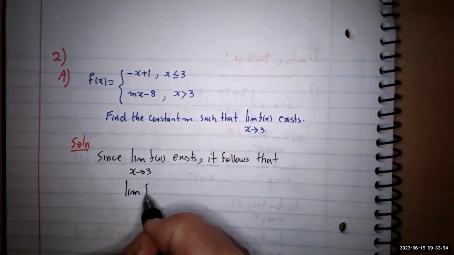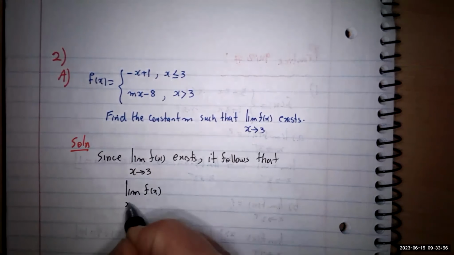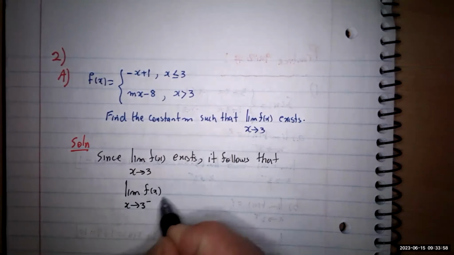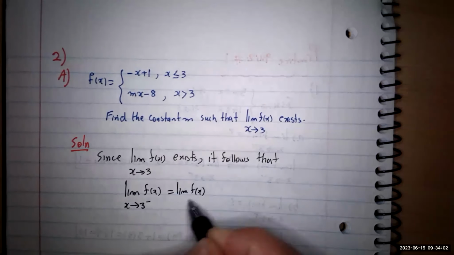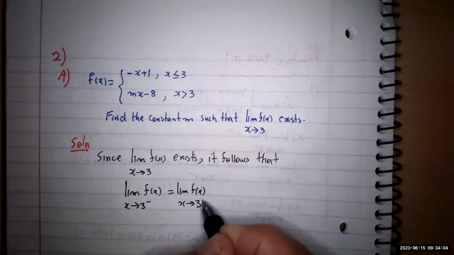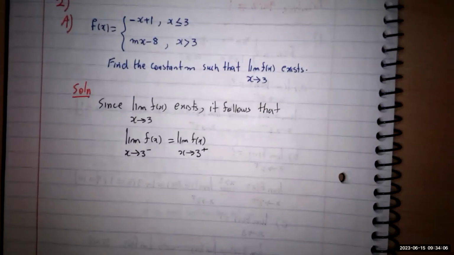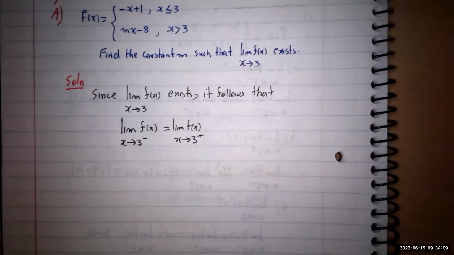The limit of f of x as x goes to 3 negative is the same as the limit of f of x as x goes to 3 positive. So this is your wish. You want to find m so that these two happen to be the same.